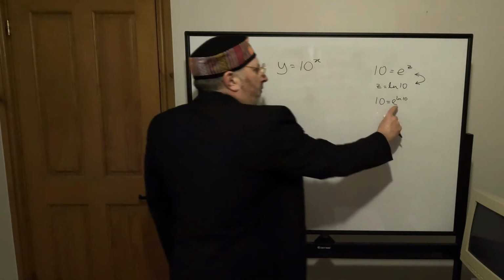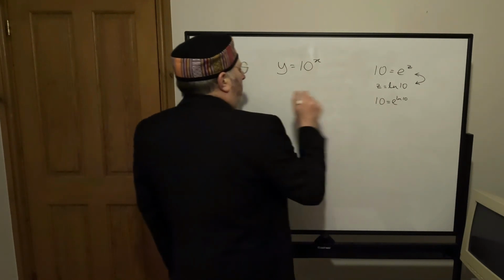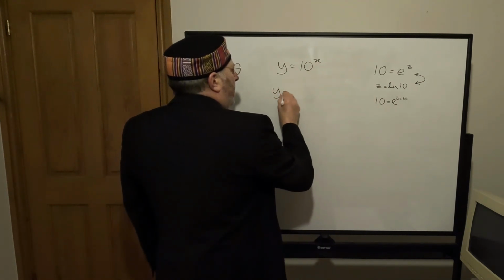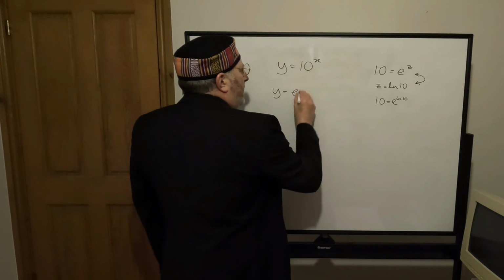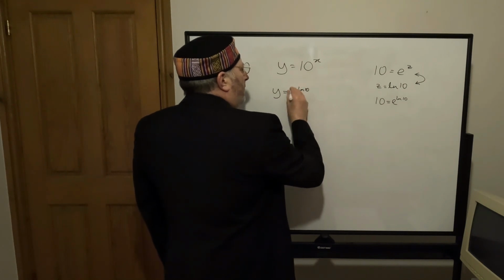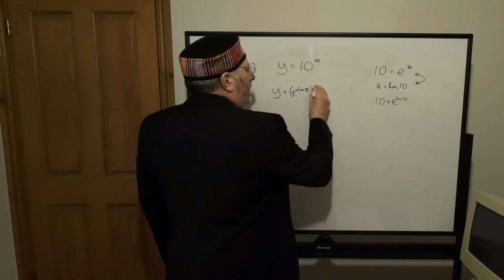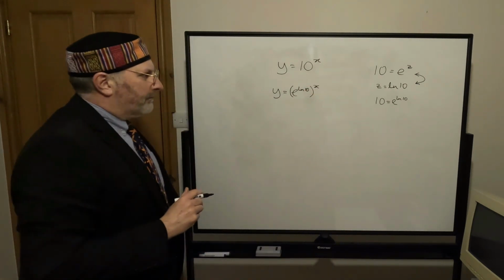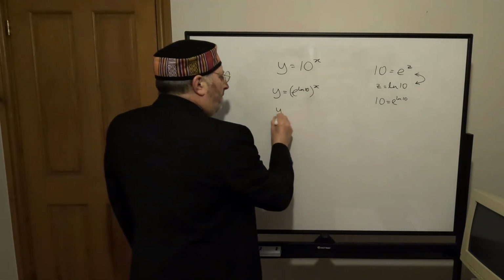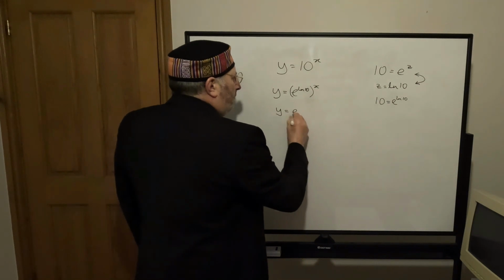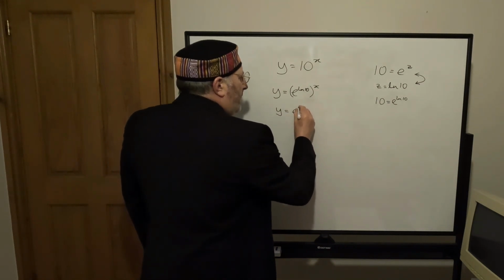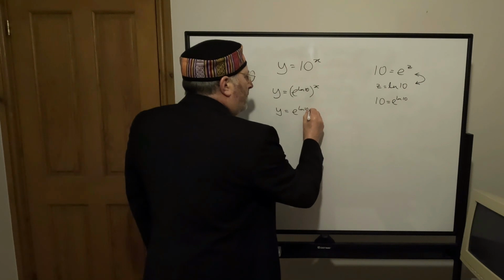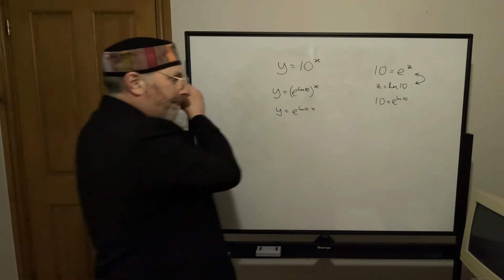So anyway, we can use this fact that 10 equals e to the log 10 to write that y here equals e to the log 10 to the x. And then we can use our exponent rules to rewrite that as e to the log 10 times x.